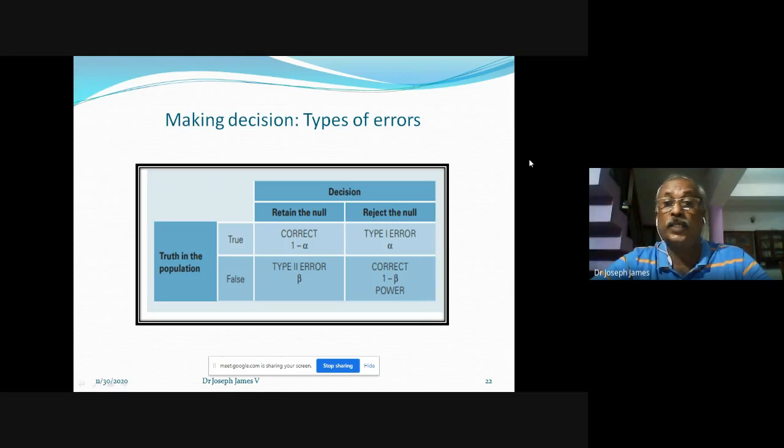Reject the null hypothesis when it is true is type 1 error. Retain the null hypothesis when it is false is type 2 error. And reject the null hypothesis when it is false is the power of the test, or a correct decision.